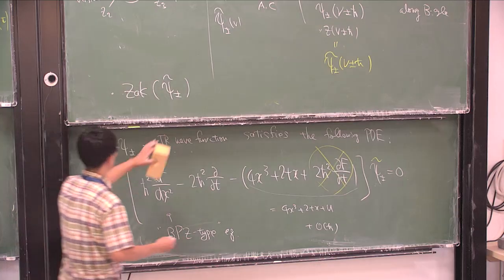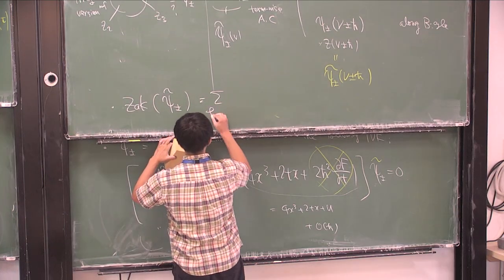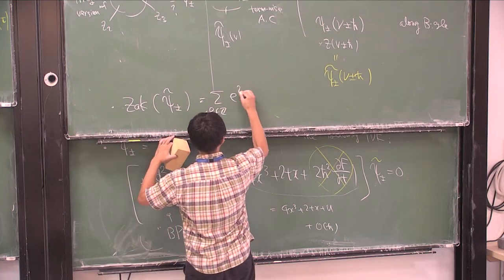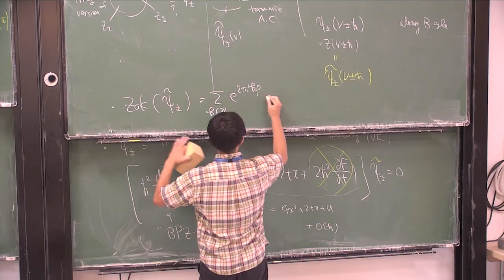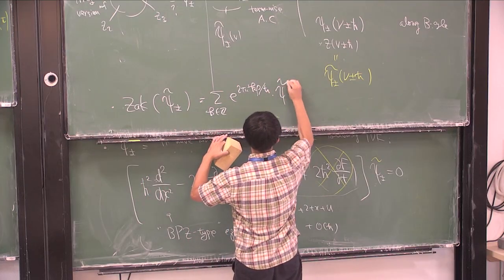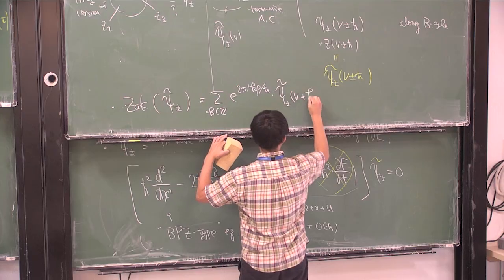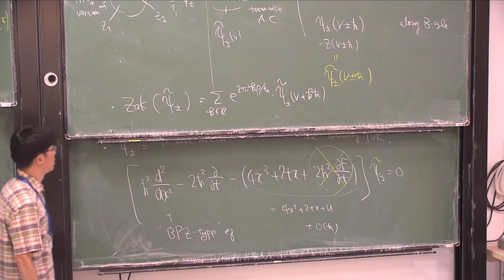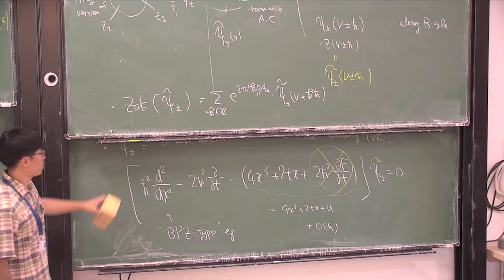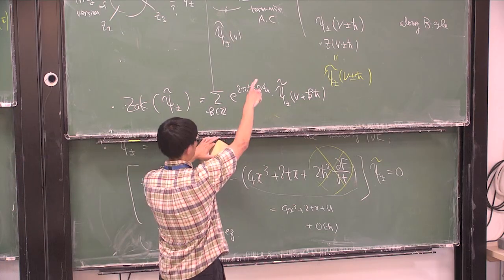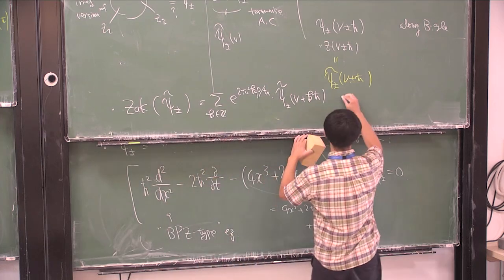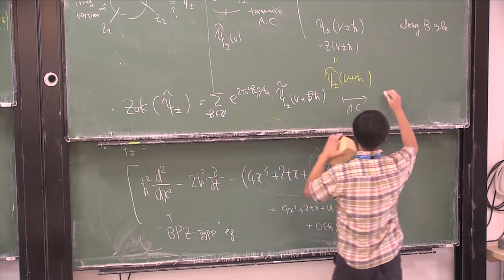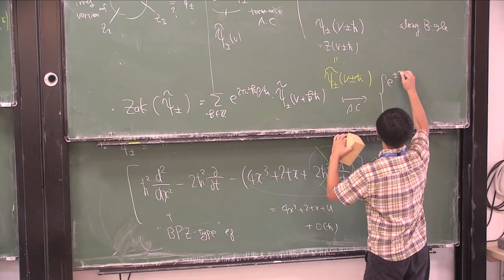And I take the Zak transformation. I'm omitting any other parameters or variables, x and t. But then by taking this Zak transformation, you can see that both the A cycle and B cycle periods are diagonalizable.